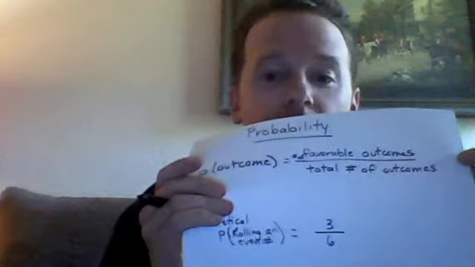If we were to simplify this, we would divide top and bottom by 3. That would get our probability to 1/2, which as a decimal is 0.50, and as a percentage is 50%.